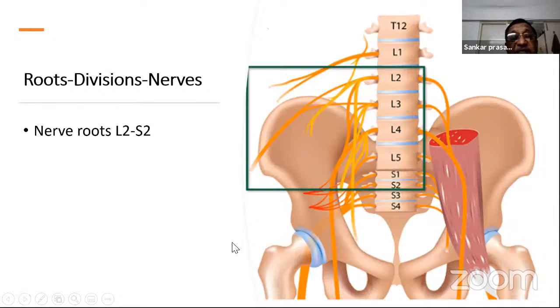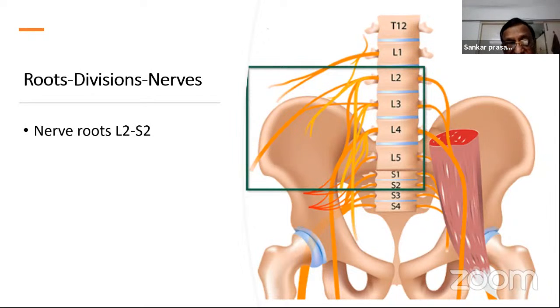And you see the plexus, roots, divisions and nerves here. In the brachial plexus it is roots, trunks, divisions, cords and nerves, which we'll take up in later classes, but here it is roots, divisions and nerves. So you should know the important nerves in the lower limb, starting from the nerves originating at the root level, which are called root collateral nerves, the roots directly giving rise to nerves, and the plexus giving rise to nerves.